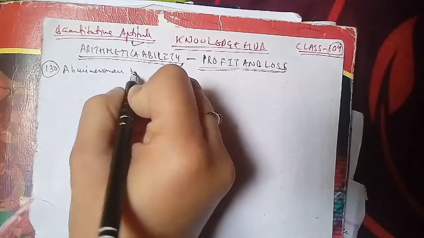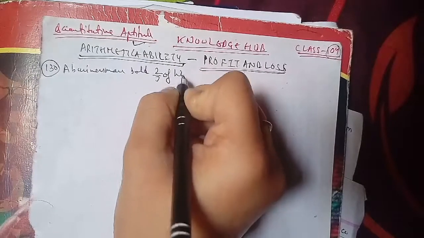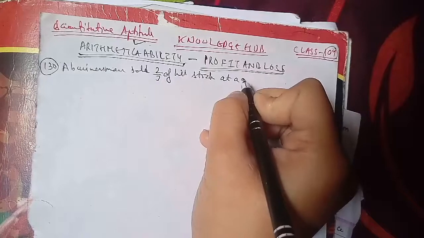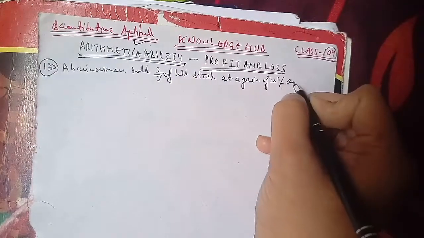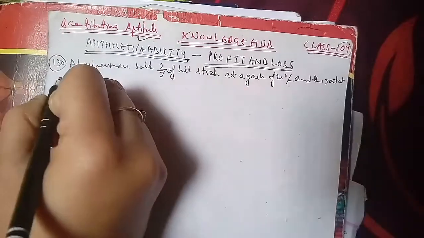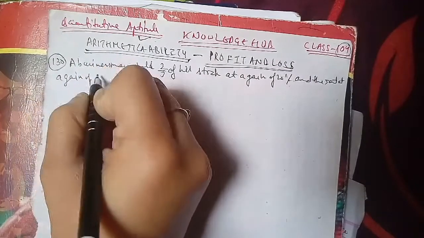A businessman sold 2/3 of the stock at a gain of 20% and the rest at a gain of 14%.